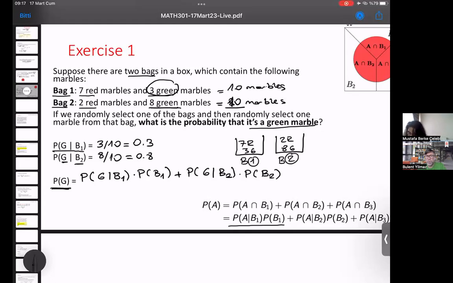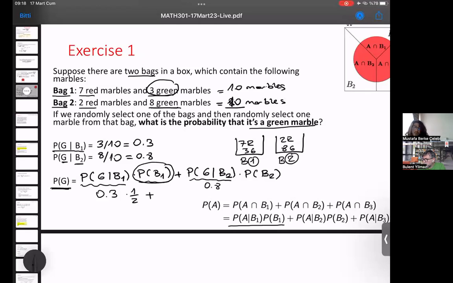So what should I do? The next step is I'm going to put 0.3 here, times this. What is the probability of obtaining the first bag? There are two bags, so it is 1 over 2, right? Plus, what's the probability of obtaining green when B2 is given?